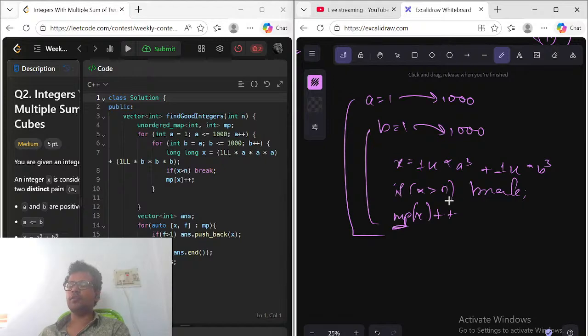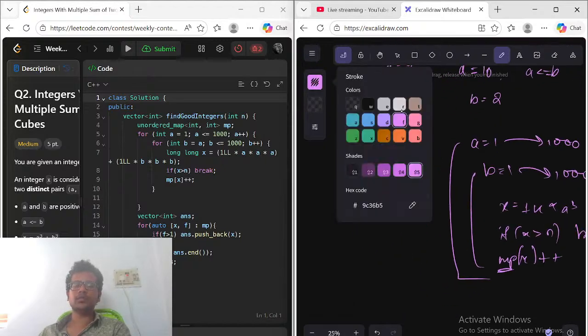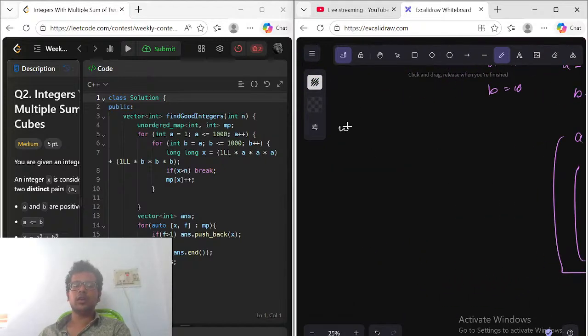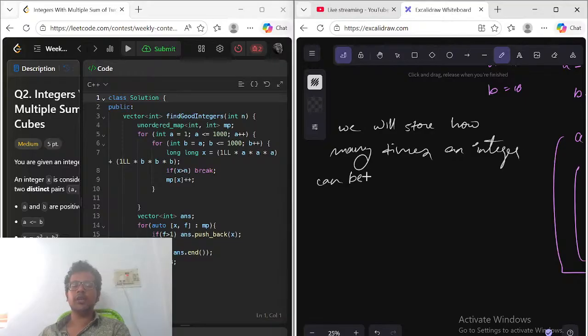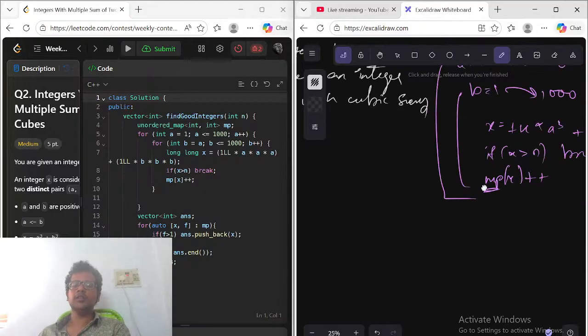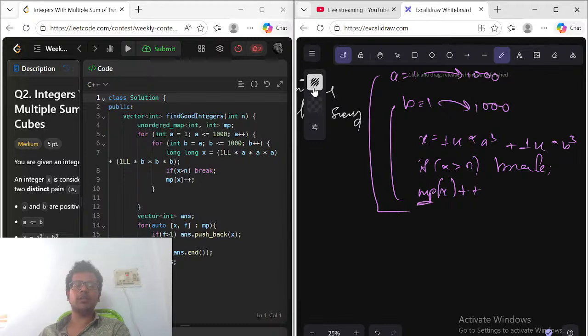In MP, we will store how many times an integer can be made with cubic sums, right? So MP of x will be incremented.